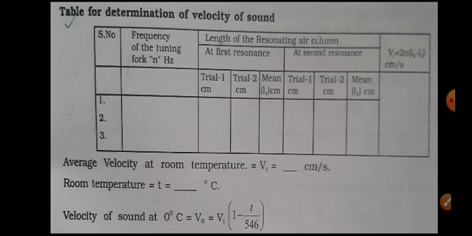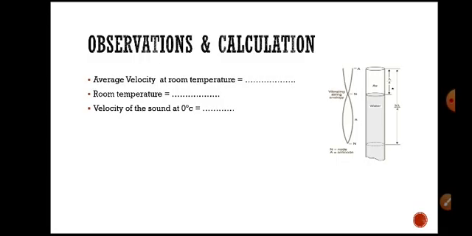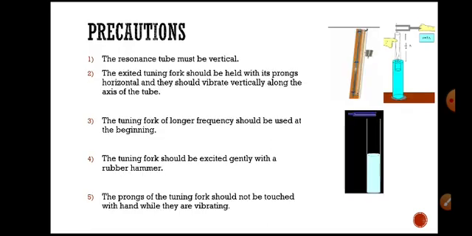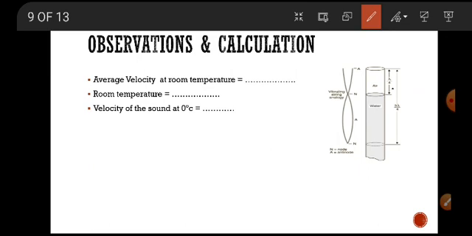Once the performing of the experiment using the resonance apparatus is over, you can calculate using your calculator or on your own. You know the values of L1, the first resonance, L2, and the n value. Then what is the formula for this?